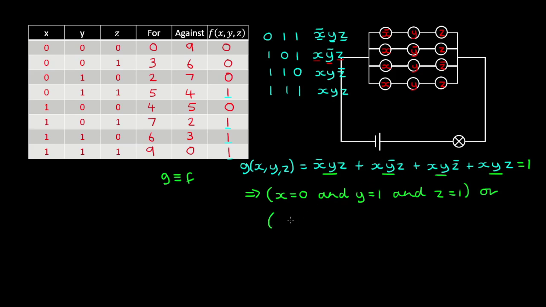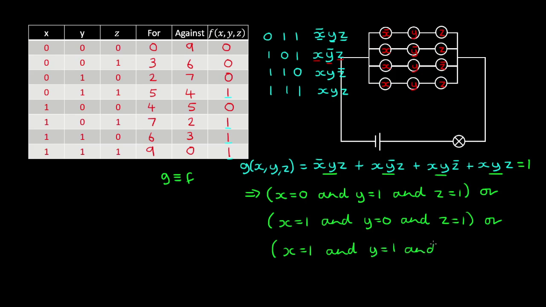And similarly for the next expression, x equals 1 and y equals 0 and z equals 1. And for our third expression, x equals 1, and y equals 1, and z equals 0, or x equals 1, and y equals 1, and z equals 1.